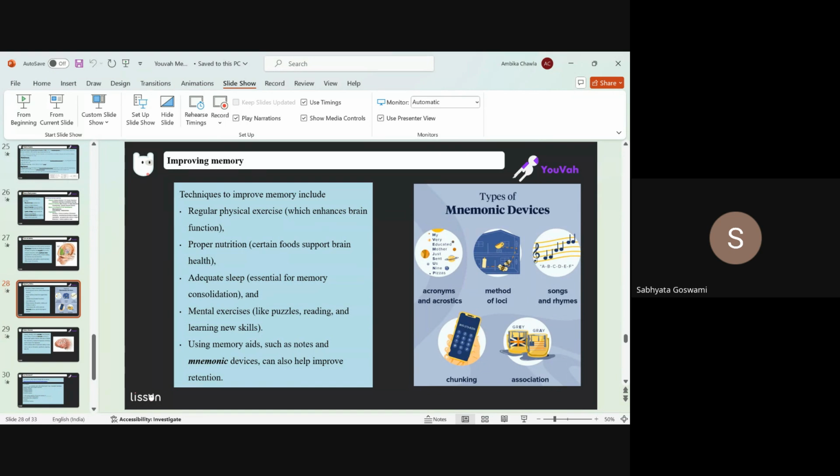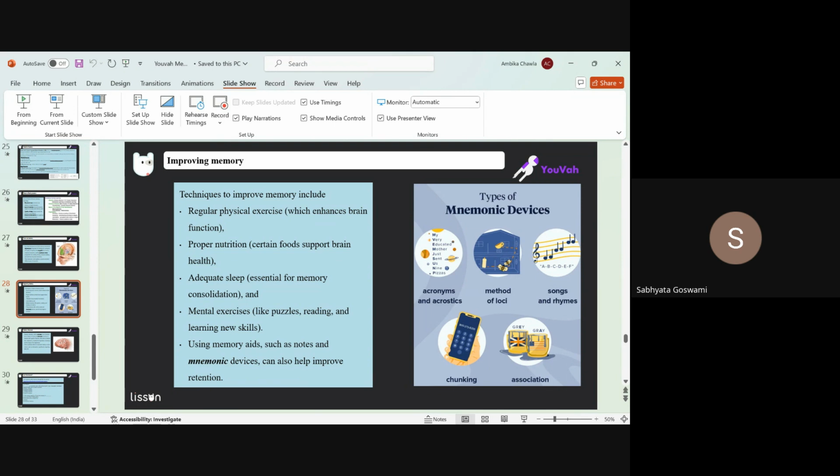Proper nutrition, so that the correct amount of nutrients and foods support your brain health. Adequate sleep: anything that you're learning or memorizing throughout the day gets consolidated only when you get good sleep. That is when your brain relaxes, processes all the information and sends it to long term memory.